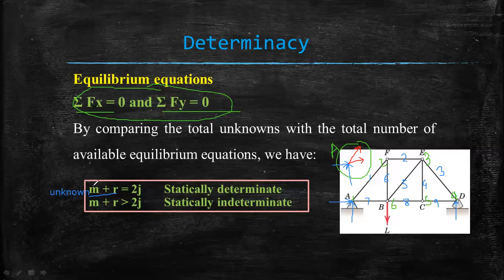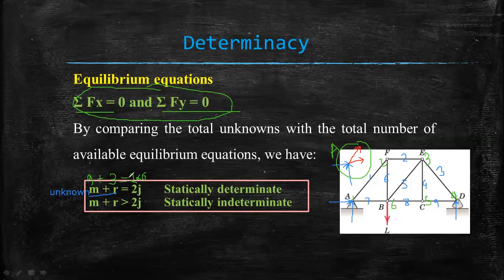The number of members m is 9, the number of unknown reactions r is 3, and 2 into the number of joints is 6 into 2. So in this structure, 9 plus 3 is 12, and 6 into 2 is 12. So they will be equal.